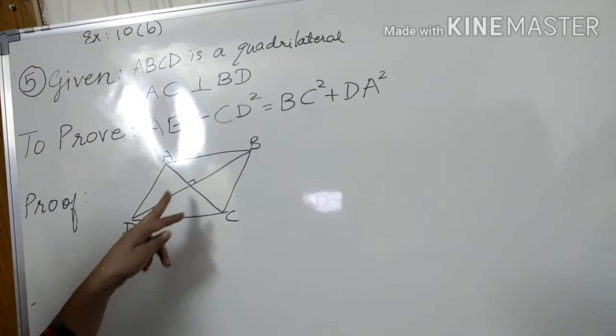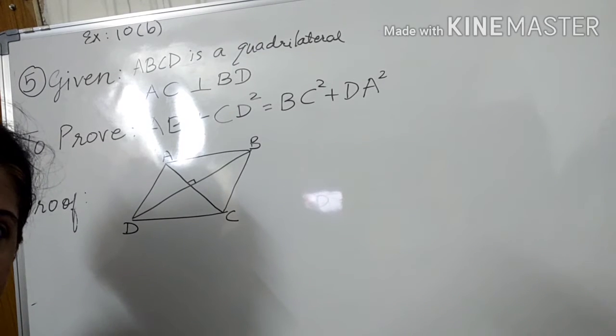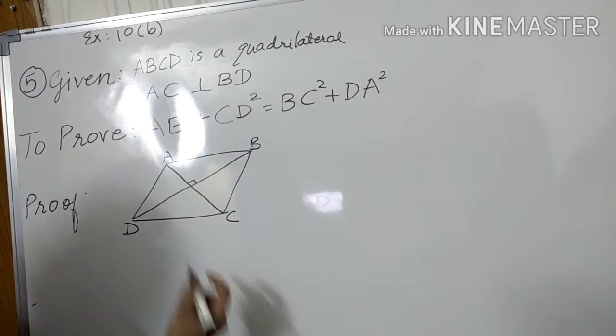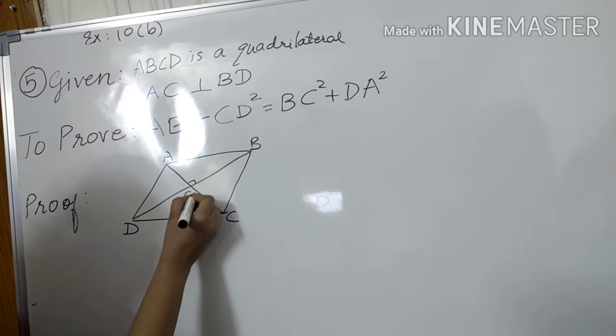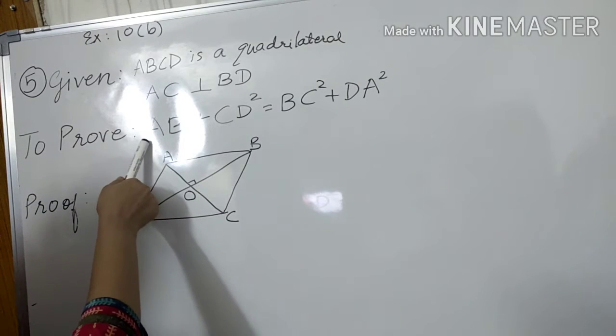It means it makes 90-degree angle when they meet. Okay, so now we have to start our proof in this quadrilateral. So students, first of all, I give here name at the intersecting point of AC and BD, that is point O.